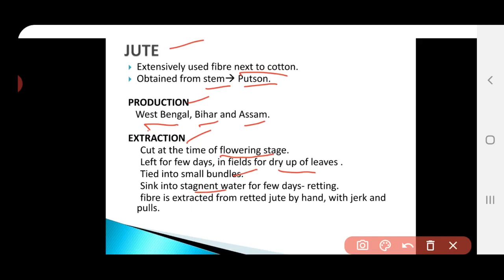That process is called retting. After making bundles, they will be left in the stagnant water for a few days, and this may release the sticky, gum-like substance which is present in the stem region. So that process is called retting. Fiber is extracted from the retted jute by hand with jerk and pull.